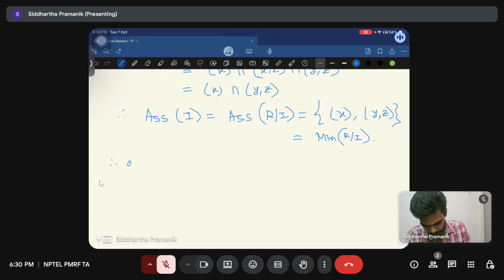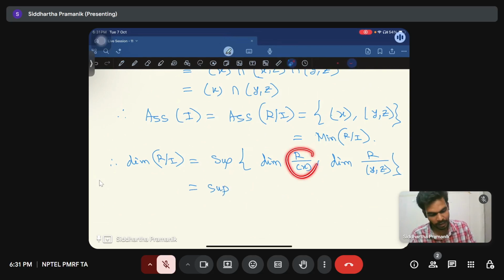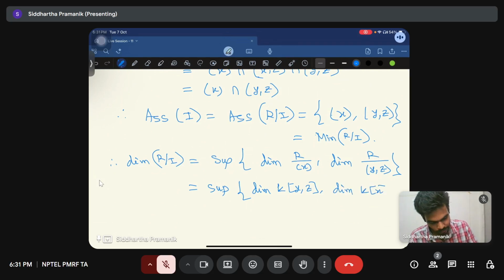So thus the dimension of R mod I is the supremum of the dimension of R mod the ideal (x) and the dimension of R mod the ideal (y, z). But what are these two rings, R mod (x) and R mod (y, z)? This is basically the dimension of K[y, z], and the second one is the dimension of K[x], right?